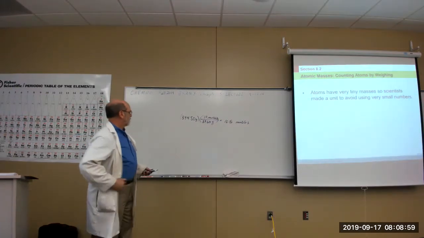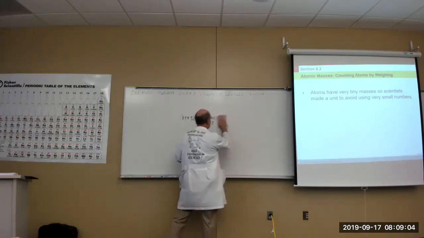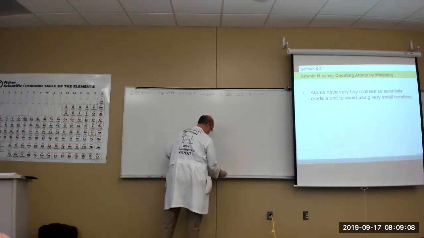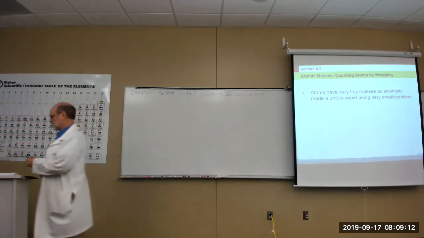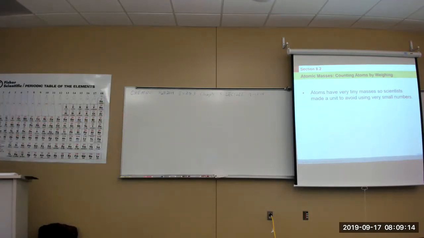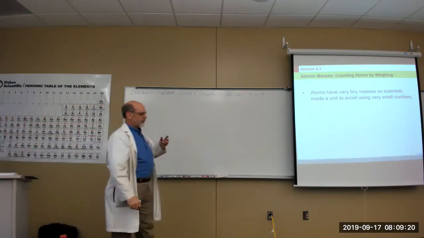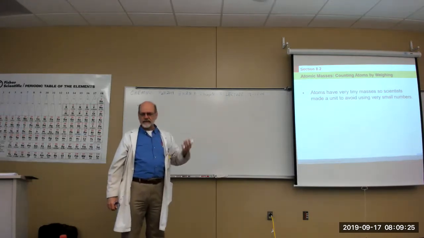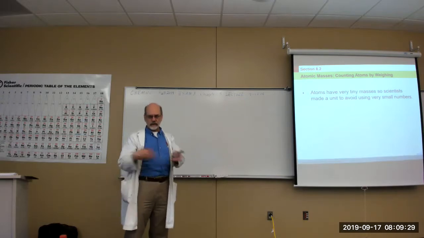Okay, so now we're going to apply this concept to counting atoms. Why would we want to count atoms anyway? If you look at the history of chemistry, up until a certain point, the only thing that chemists knew about their reactions was mass, what goes in, what comes out.